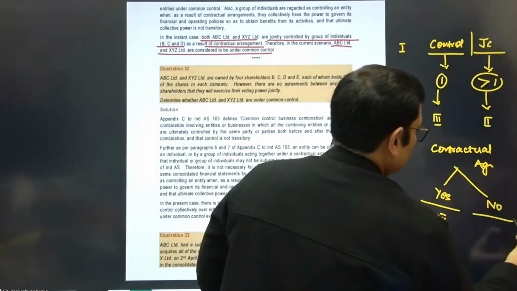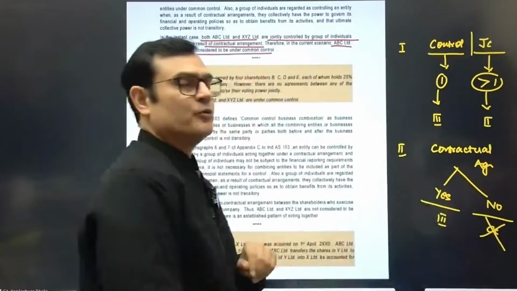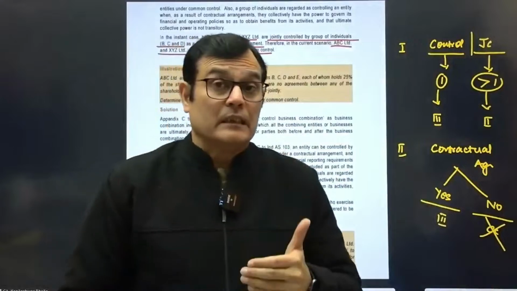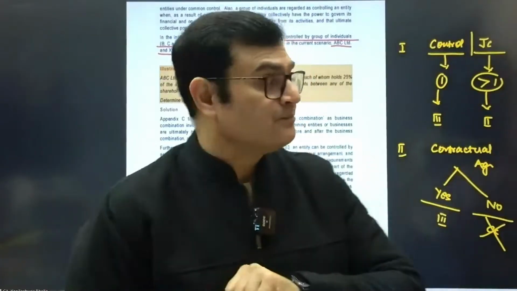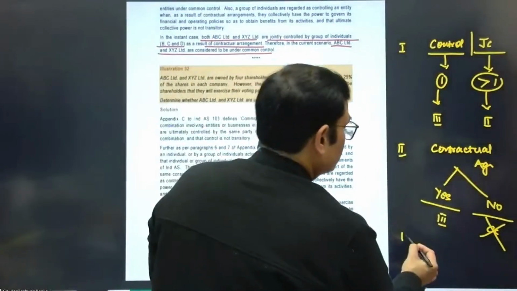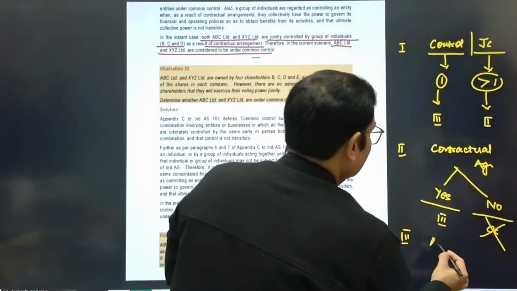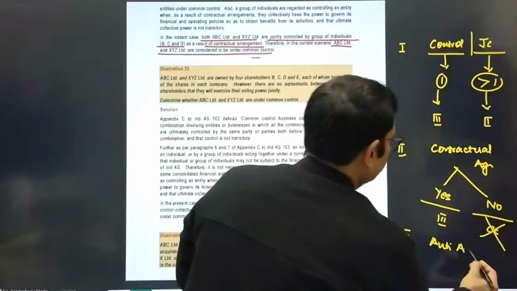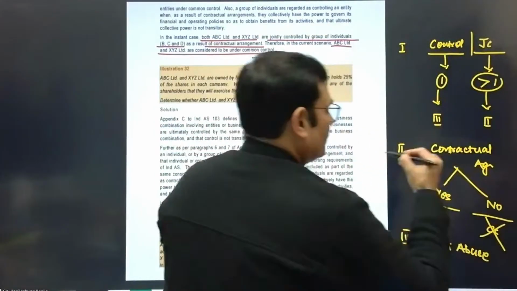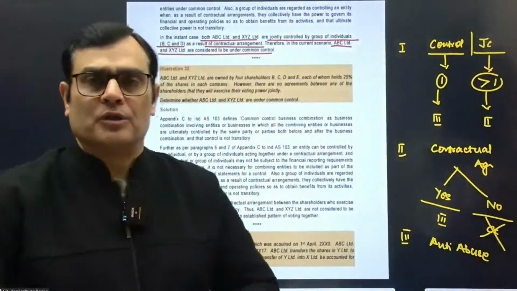If no, it cannot be a common control transaction. Even though there is a joint control, since the contractual agreement is missing, you cannot bring it under the purview of common control. Then you come to step number 3, which is what we call an anti-abuse clause.